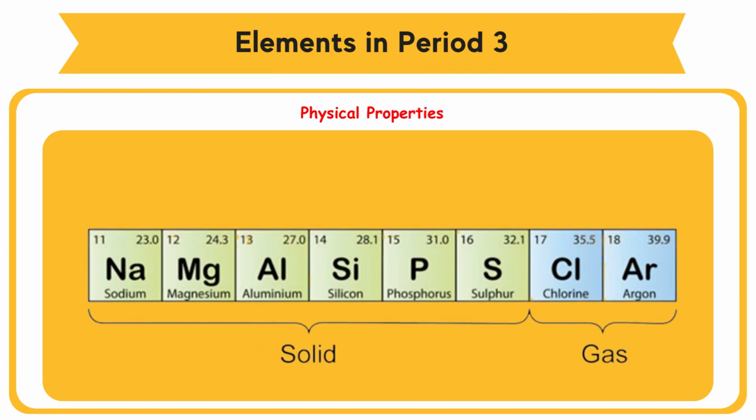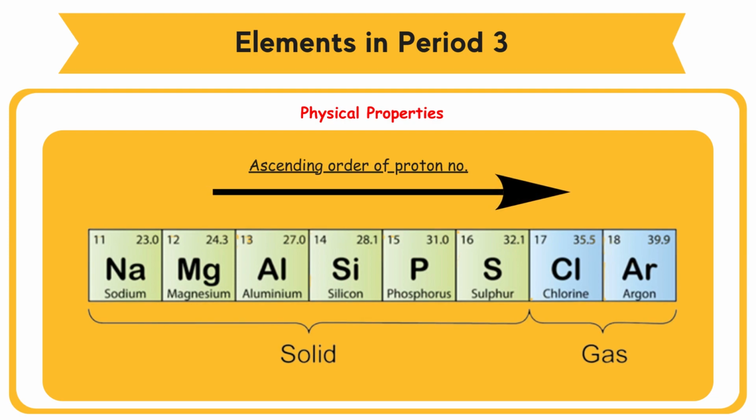When moving across Period 3, from left to right, the number of protons in the nucleus in each atom increases. Positive charges in the nucleus: +11, +12, +13, +14, +15, +16, +17, +18. The number of positive charges in the nucleus increases.